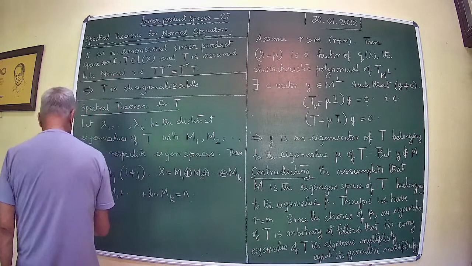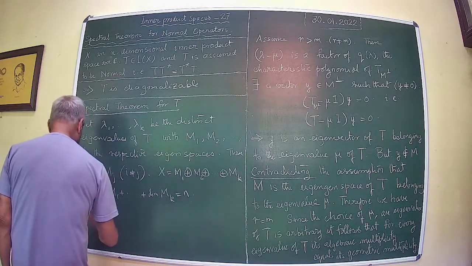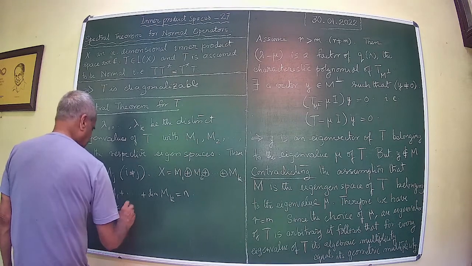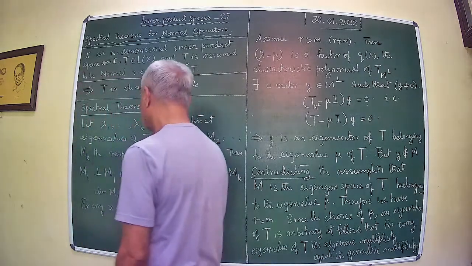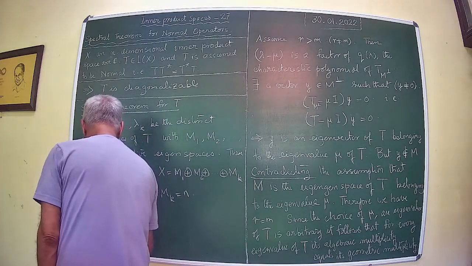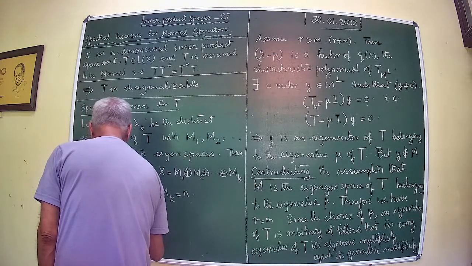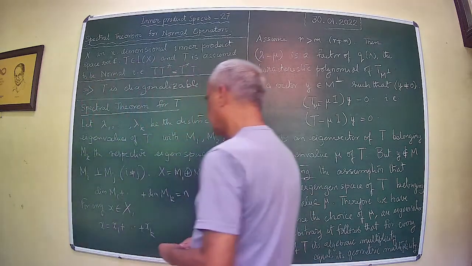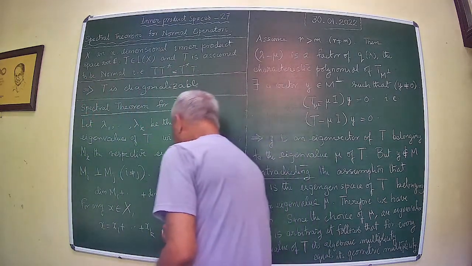Therefore, any x belonging to X is equal to x1 + ... + xk, where xi belongs to Mi.